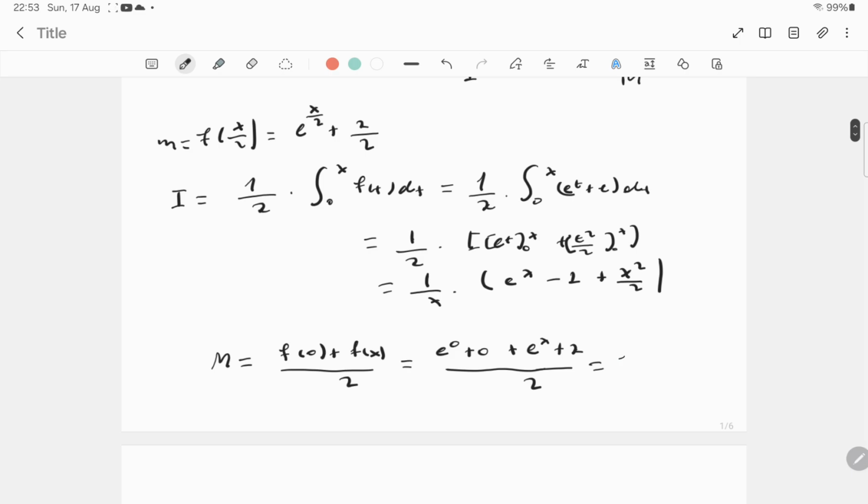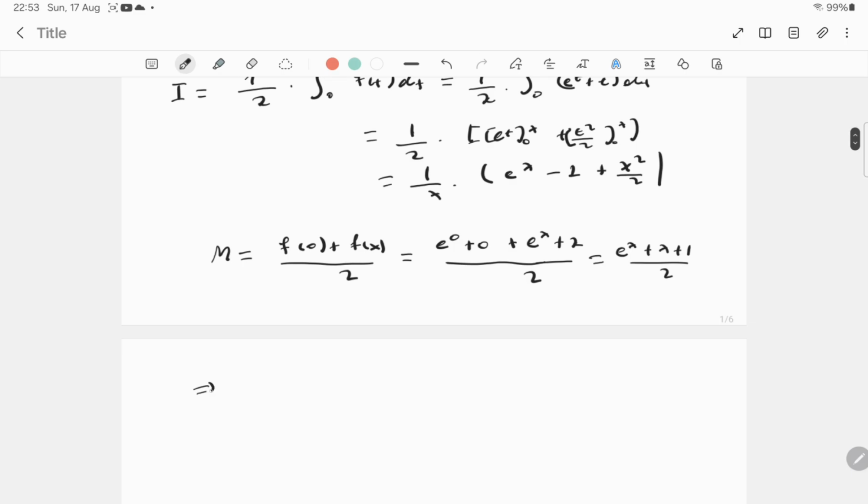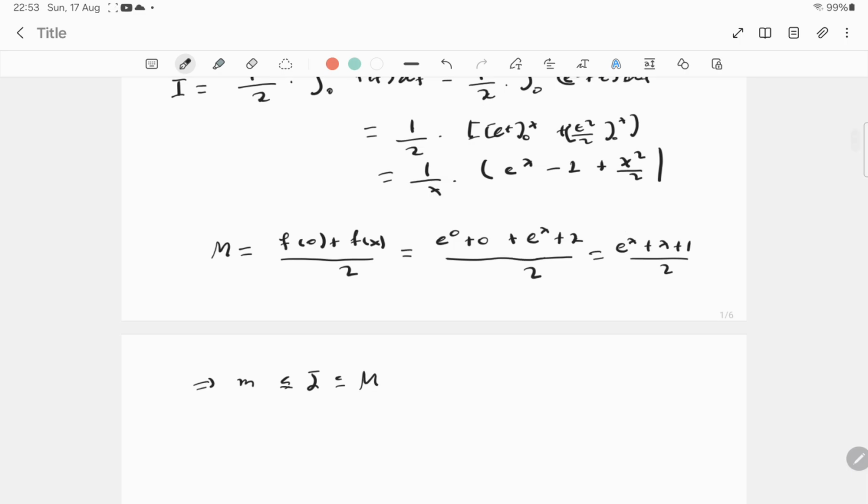So that is going to be (e to the power of x plus 1) over 2. So we have that little m is bounded by I, and then this is bounded by capital M.